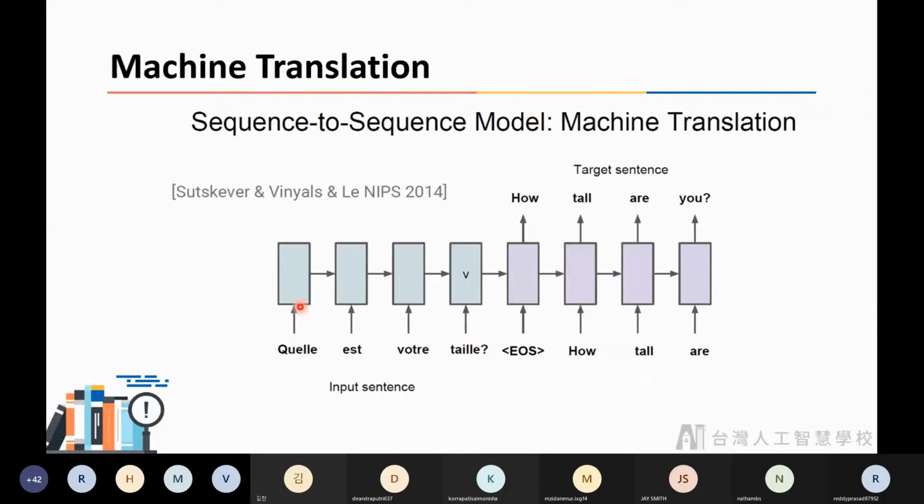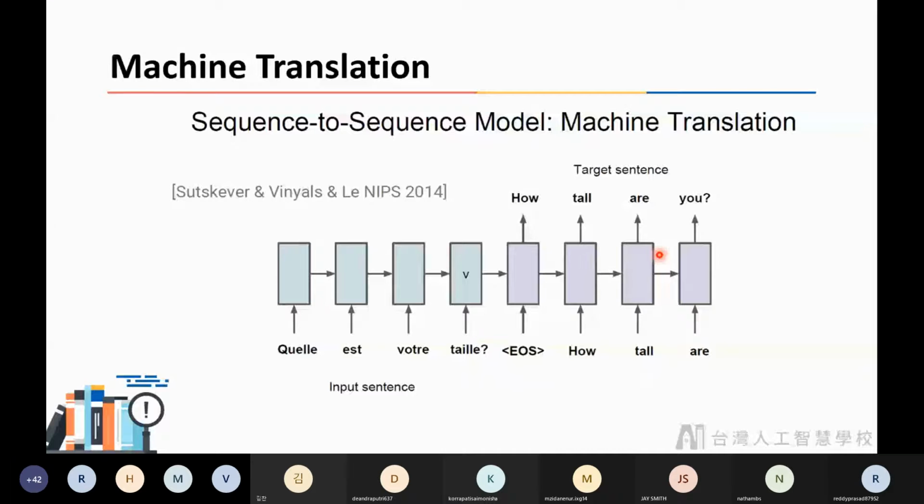We just input them to our model one by one. There's a time factor there. Early is comment, and later est, and later grand, and later tu. So we input one by one, and then the model will output one by one.